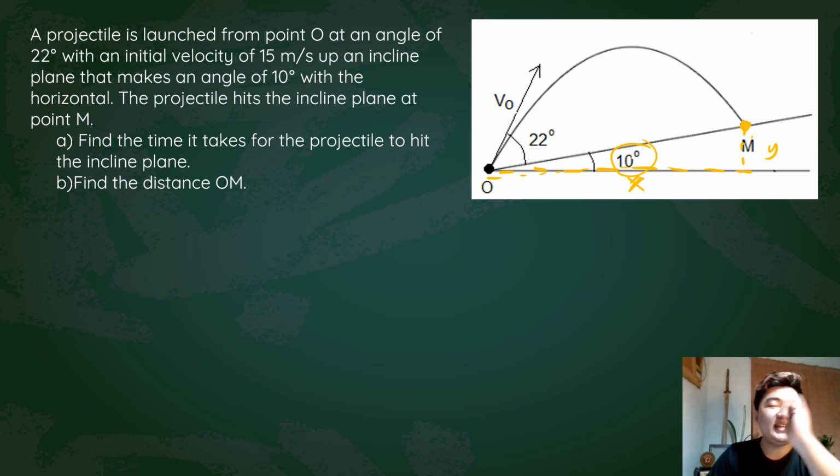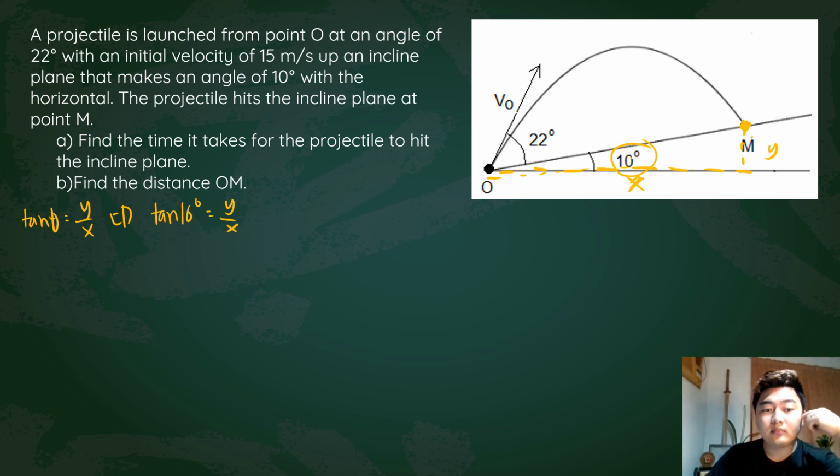And when you have adjacent and opposite and an angle, then we can make a mathematical relationship with the use of the trigonometric functions, specifically tangent, because tangent theta is equal to y over x, or opposite over adjacent, right? So we have here tangent 10 degrees is equal to y over x.